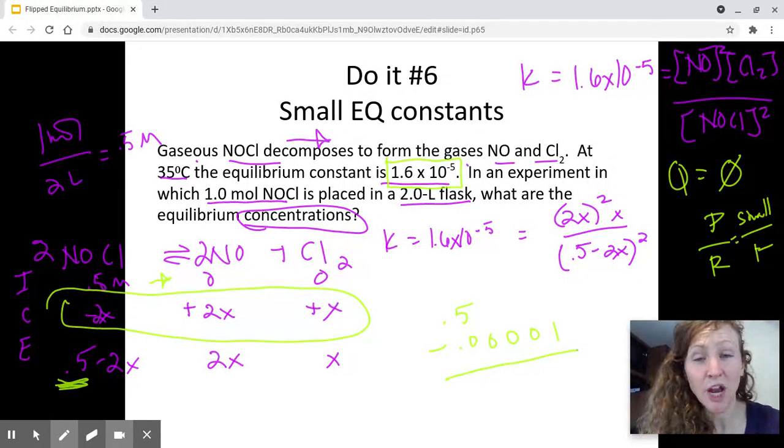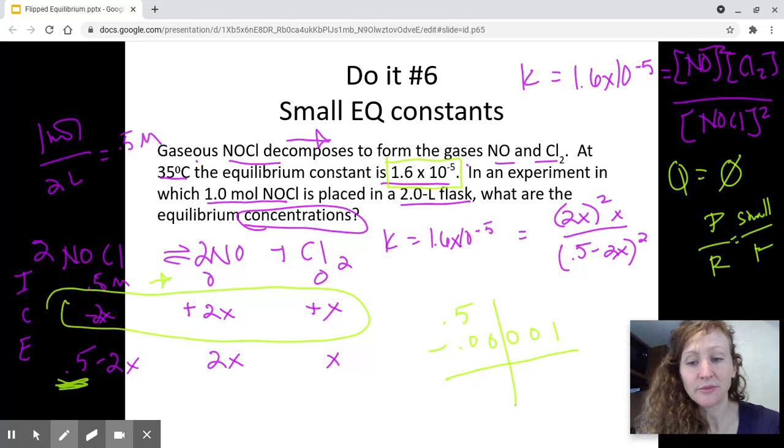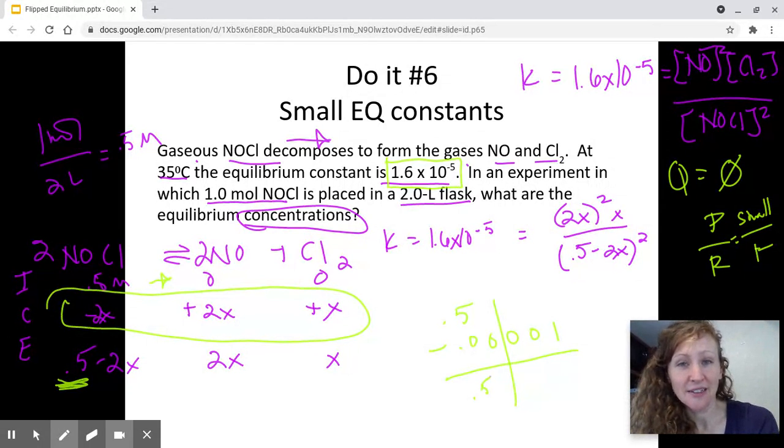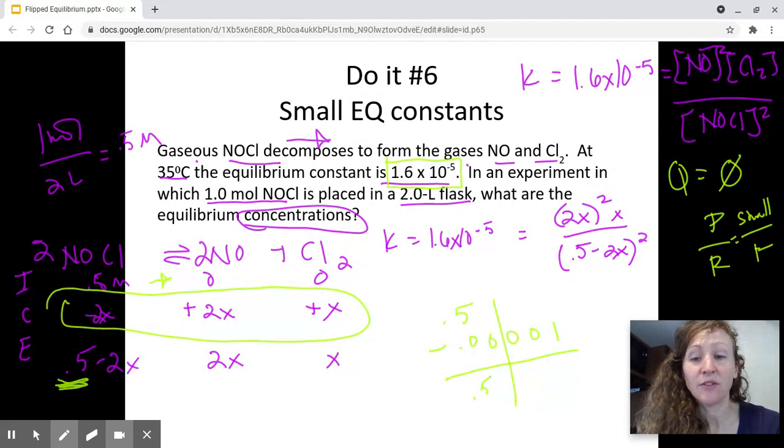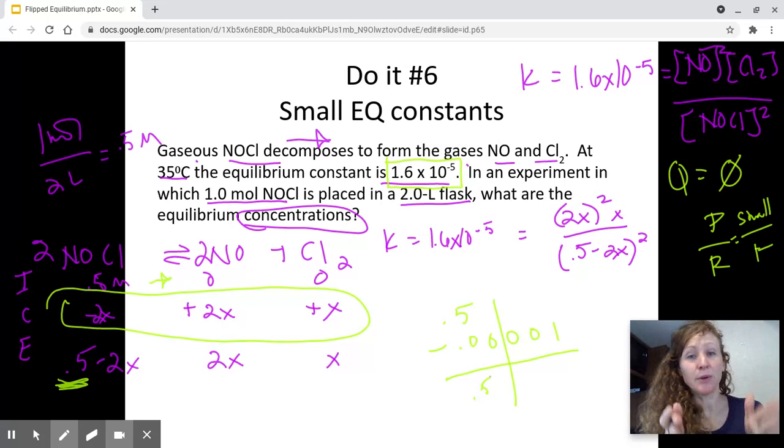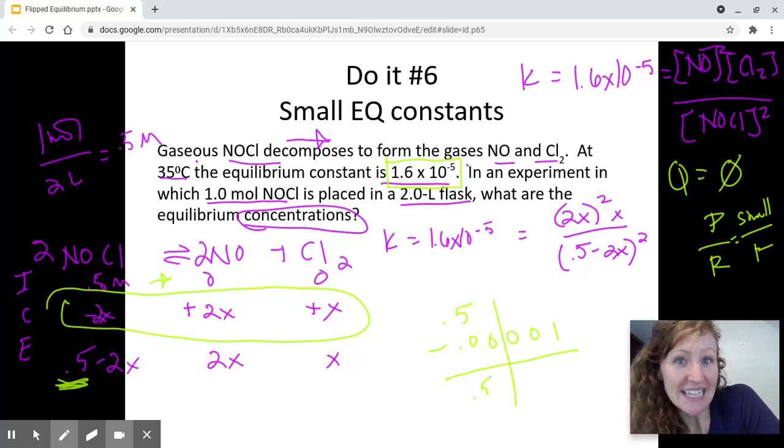If we do this subtraction and then round off to significant figures, we get to keep 2. What are we going to end up with? We're going to end up with 0.5 again. So in terms of significant figures, if our change is small enough, it may not even affect other numbers that it is added to or subtracted from. And if it's so small that it's not going to significantly affect numbers that it's added to or subtracted from, then we can ignore it, which would be nice.